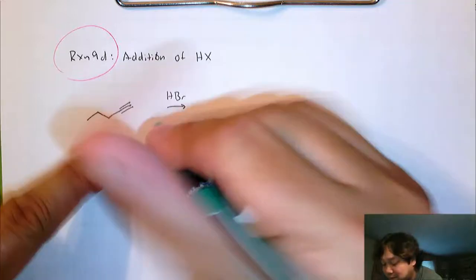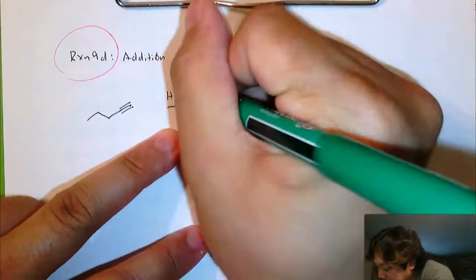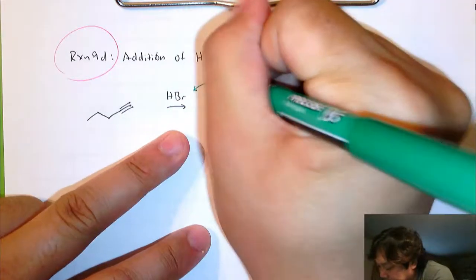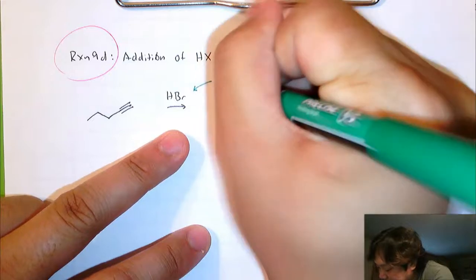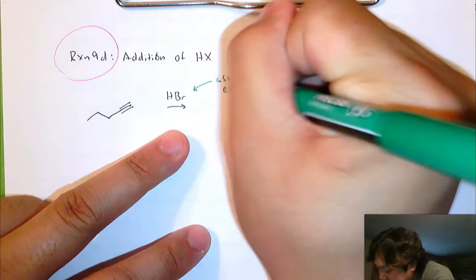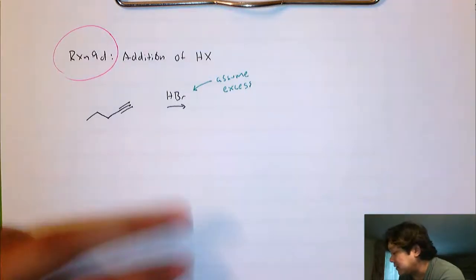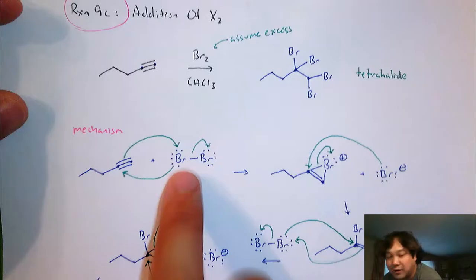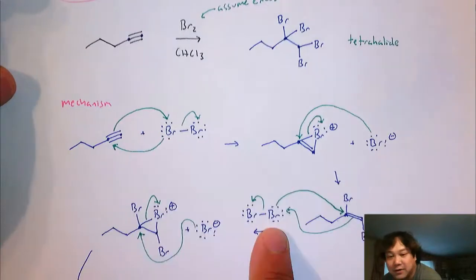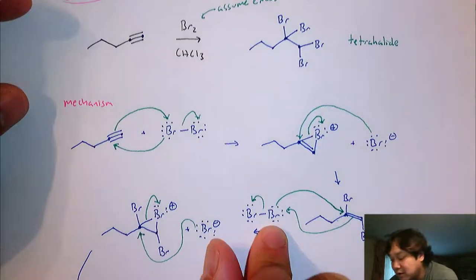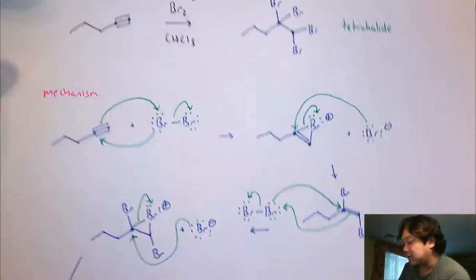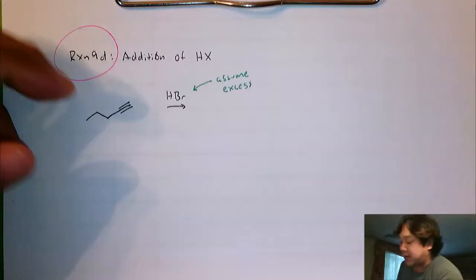Because we'll do anti-Markovnikov. But you'll assume that this is excess. And that helped us last time because we used Br2 twice. We used it here, and we used it again here. So we actually needed more than 1-to-1 ratio. We needed at least a 2-to-1 ratio of Br2 with alkyne.